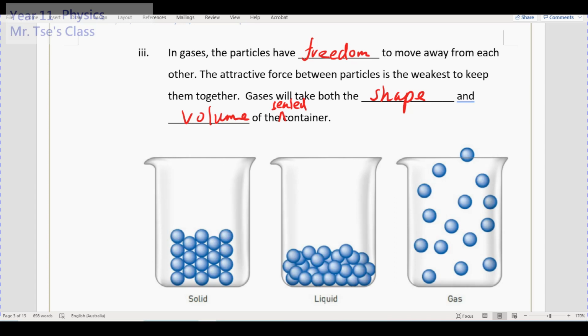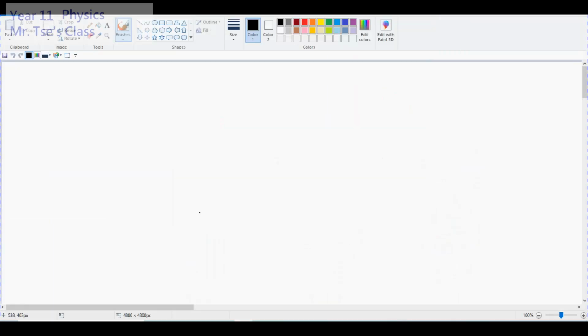Let me draw you a little picture to explain. Let's say you have a sealed container. So this is a cup, and it has a lid.